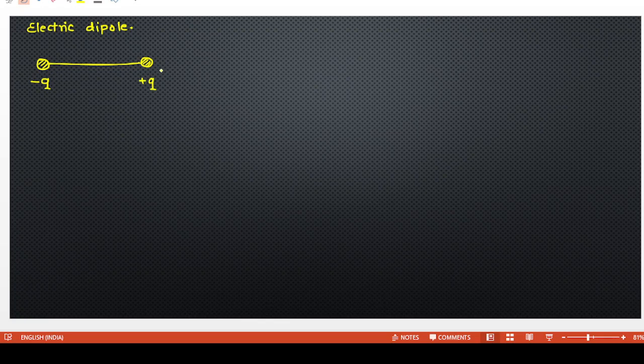So draw this electric dipole. Electric dipole means two equal and opposite charges separated by finite distance. Let us mark the center of the dipole. Now let us say center to minus q distance is small l and center to plus q distance is also small l.